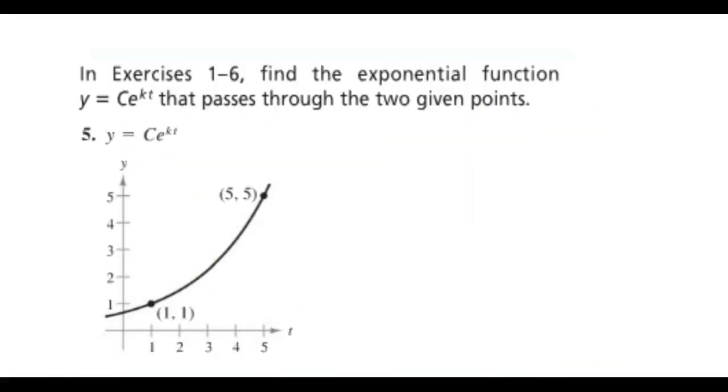So given 2 points, we're going to write the two equations again. When y is 1, we've got C e to the k, and there's a 1, 1. There's the x, so the rate. And then the second formula, when it's a 5, it's 5 and 5, C e to the 5k, where this is the x and this is the y. I wish they would have done something different.